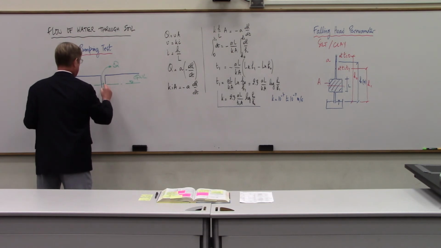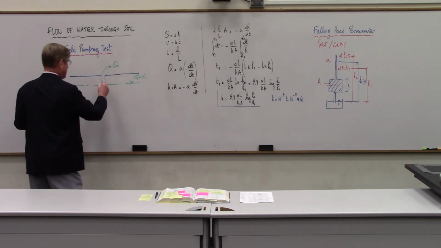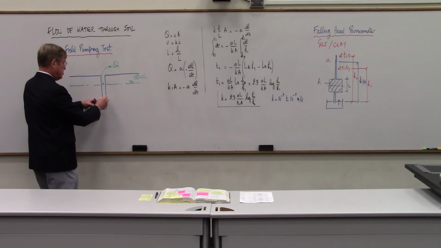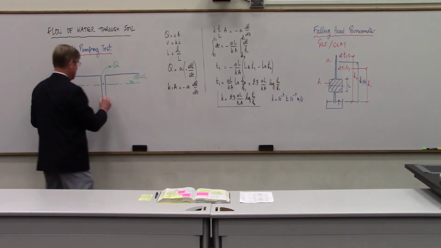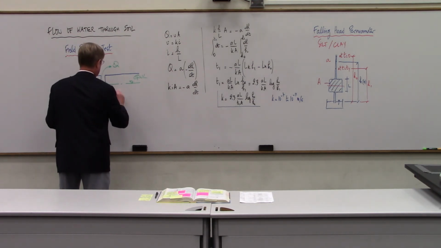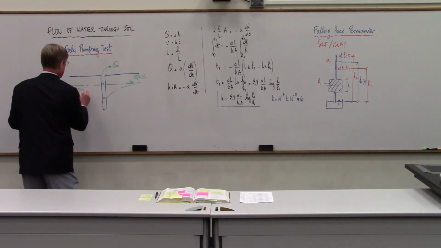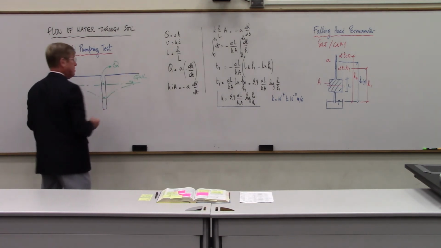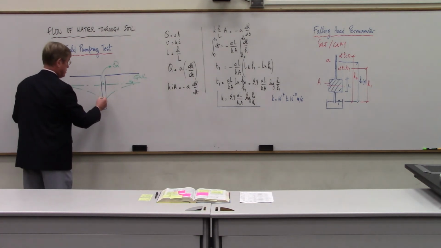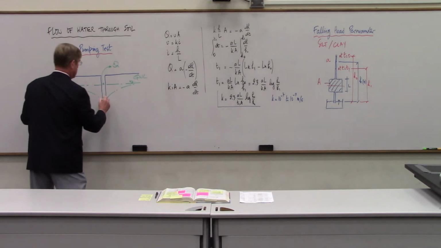So instead of being here, you bring it down here, and you keep pumping so that you keep this level constant. And then you can see that after a while, it takes a little bit of time, the water level will be depressed to match this level, which you maintain constant.